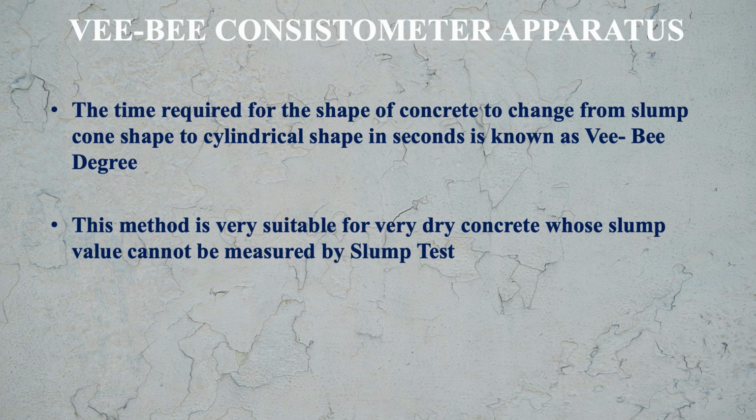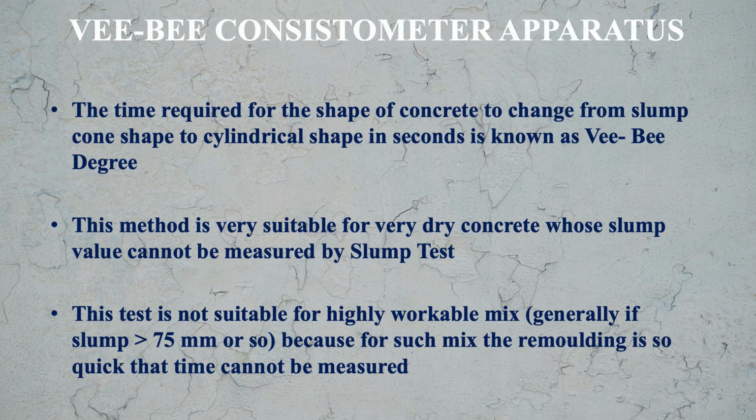This method is very suitable for very dry concrete whose slump value cannot be measured by the slump test. So this is the importance of this test, that this test is more suitable for very dry concrete, for which slump value cannot be measured by the slump test, because there in the slump test we will not be able to get the slump of such concrete because it is in a very dry state.